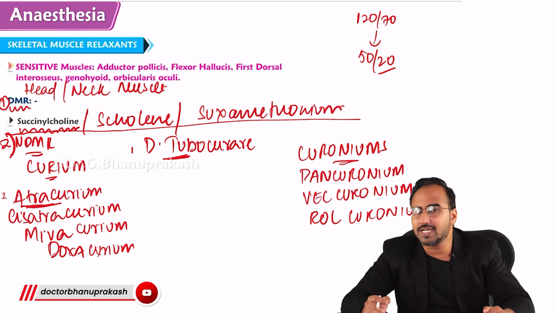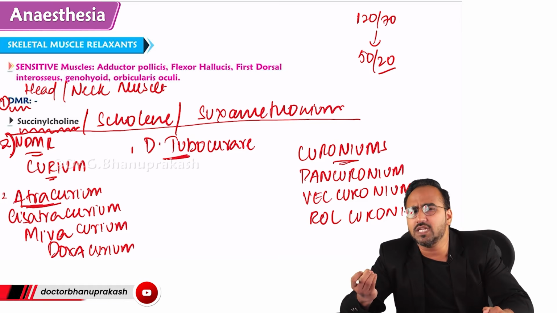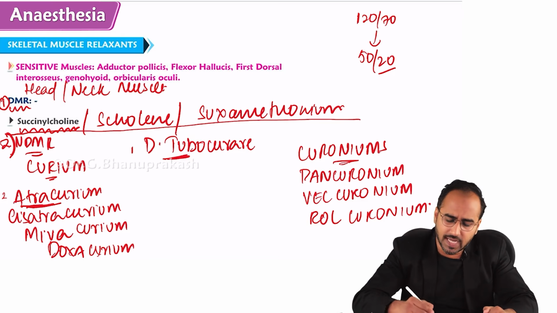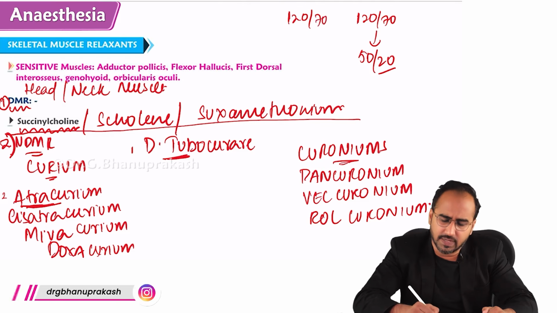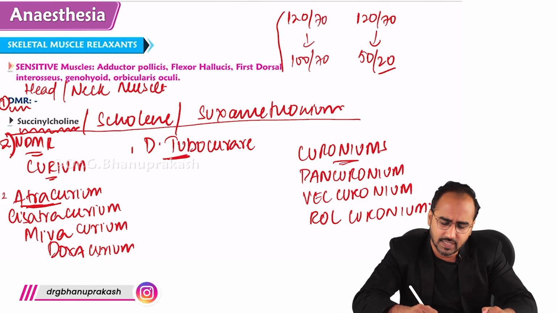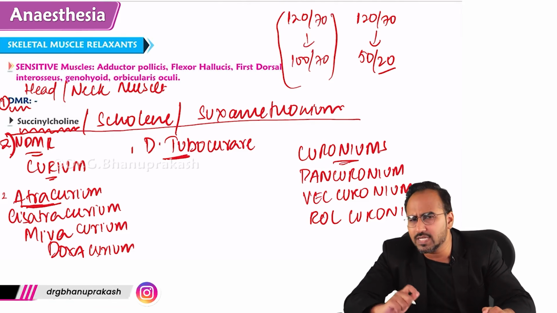Atracurium is a muscle relaxant that causes relaxation of the muscle with minimal hypotension. Minimal hypotension meaning what, guys? Before giving Atracurium, the BP will be 120/70. After giving Atracurium, the BP will be 100/70. Is there any fall in the BP? Yes, but a minor fall is there.